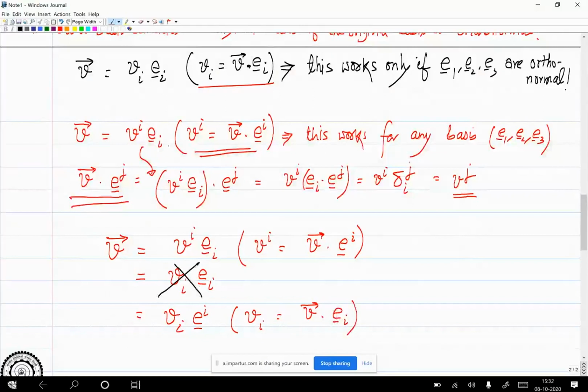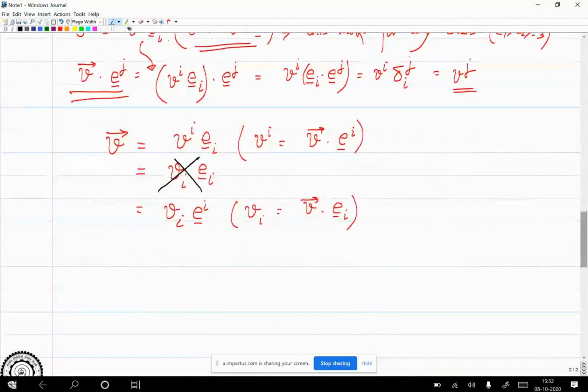So can you see the advantage of dual basis now? When you write delta i j, where j is above, i is down. Yes, it has to follow the same, whichever index is down, that will go down. Correct. That's a very good question. Now we are working with superscript and subscript.